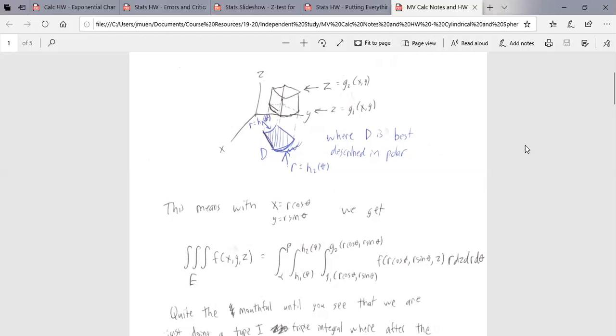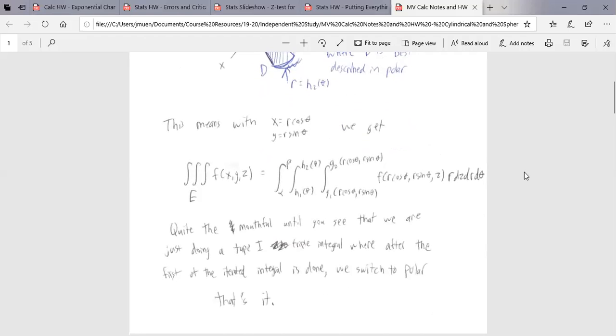This is the type of thing we're working with, where the region that we project onto in 2 dimensions is best described in polar coordinates. And this is hopefully going to be relatively simple to solve, because most of the time you're doing the exact same thing you were doing with triple integrals, but then just switching to polar halfway through the problem, or ahead of time. Both work. So what you can do is just convert.